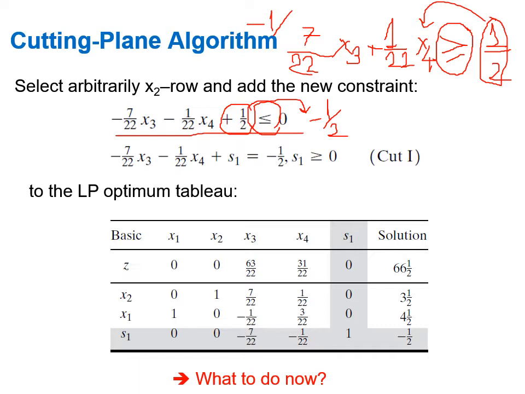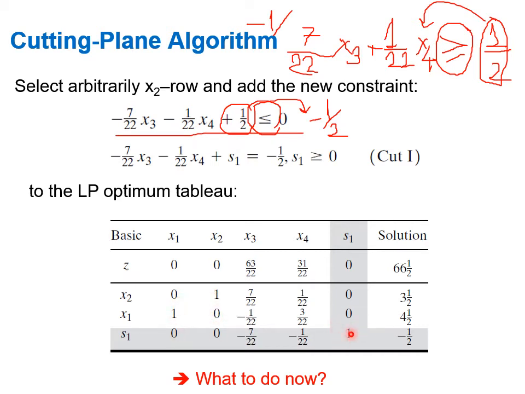Remember, in Simplex, we always need this canonical form. Canonical form is the identity matrix. So we need to have variables with a 1 in only one of the constraints and zeros in all others. For the first constraint, we have 1, 0, 0. For the second, we have 0, 1, 0.